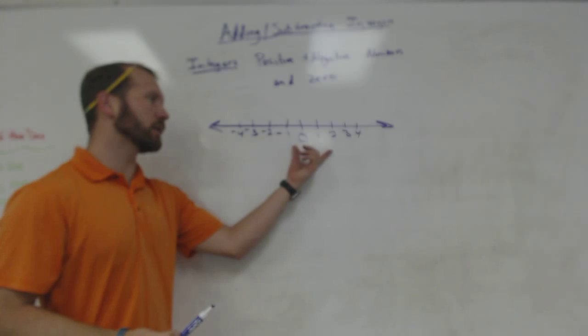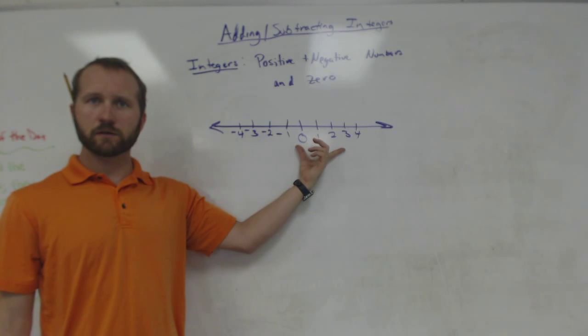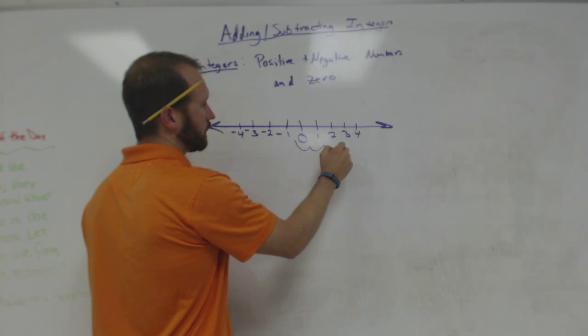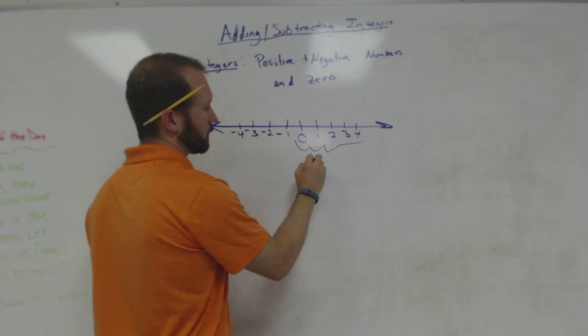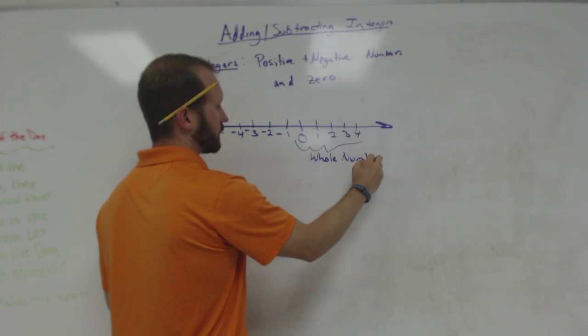Whole numbers, just so you guys know, are just the positive versions of integers. Those are called the whole numbers. Well, positive versions plus 0. The 0 is not positive.